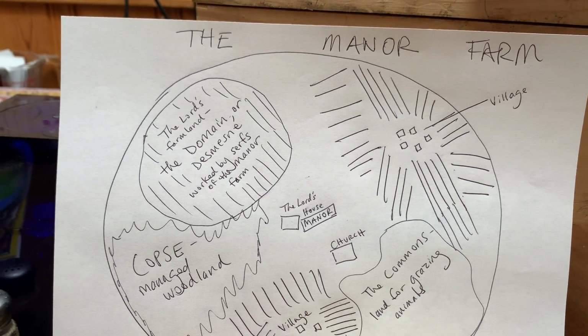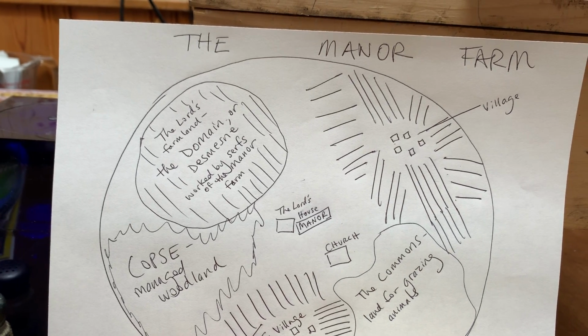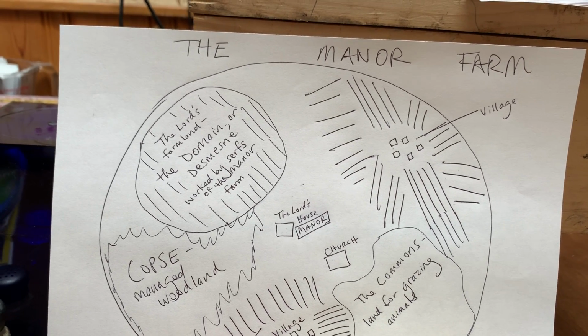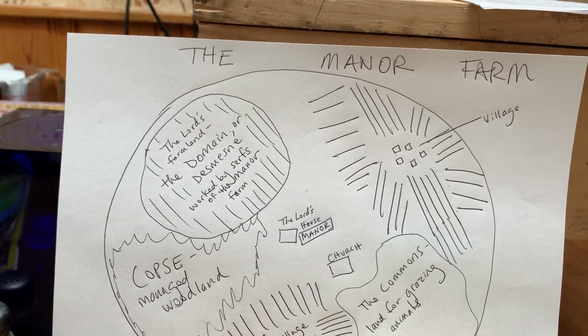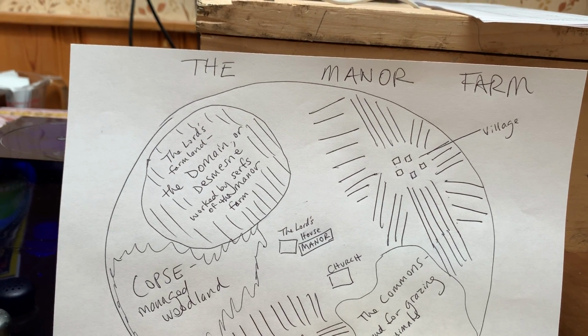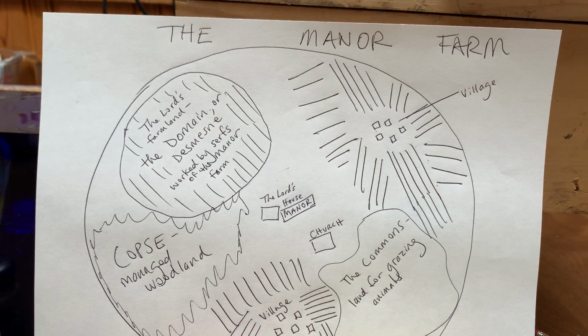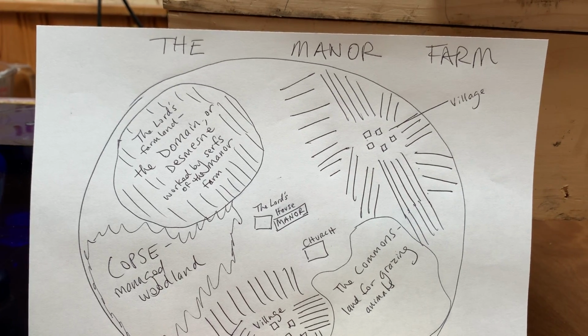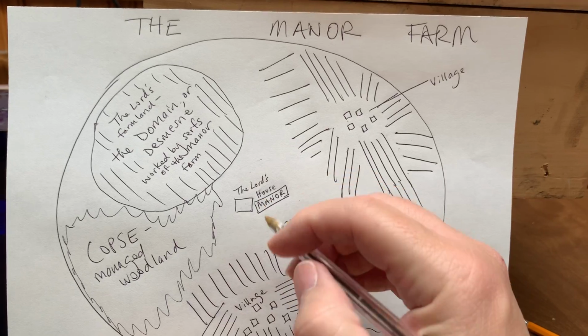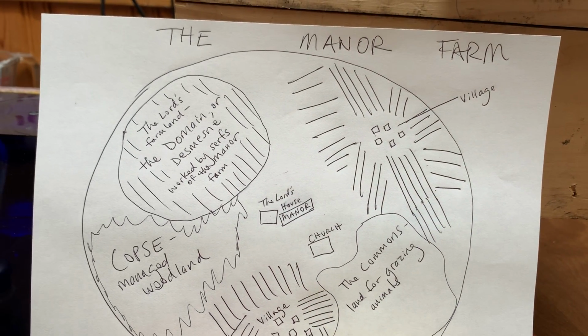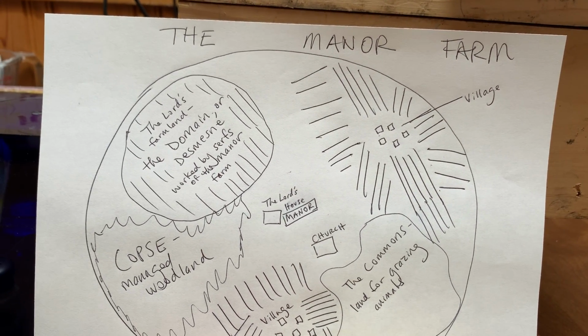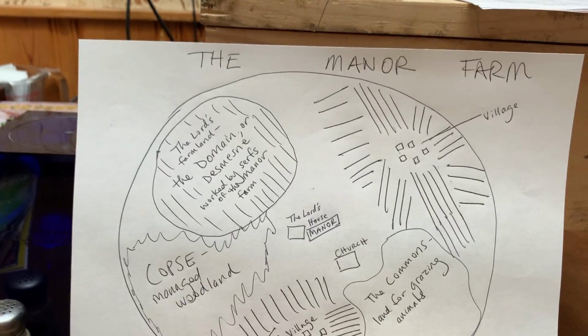Or if the lord of the manor was a baron, that baron probably owns dozens of manor farms, and 95% of the time he would not be living there. Instead, the person who would be living there was called a steward, S-T-E-W-A-R-D.